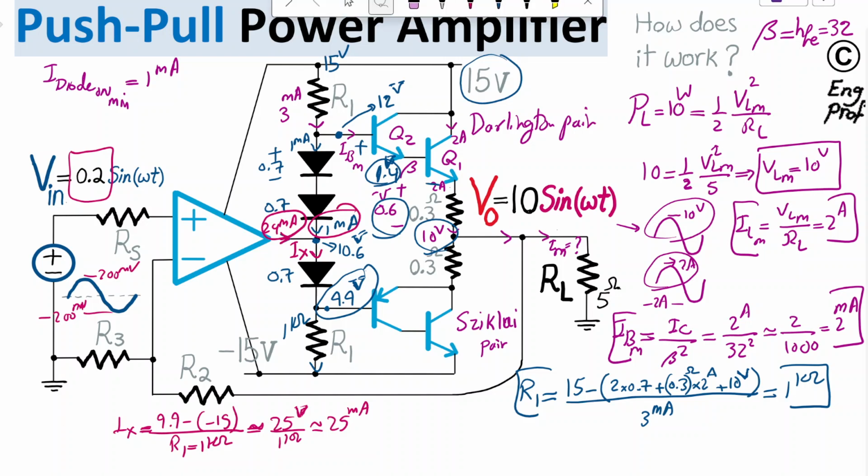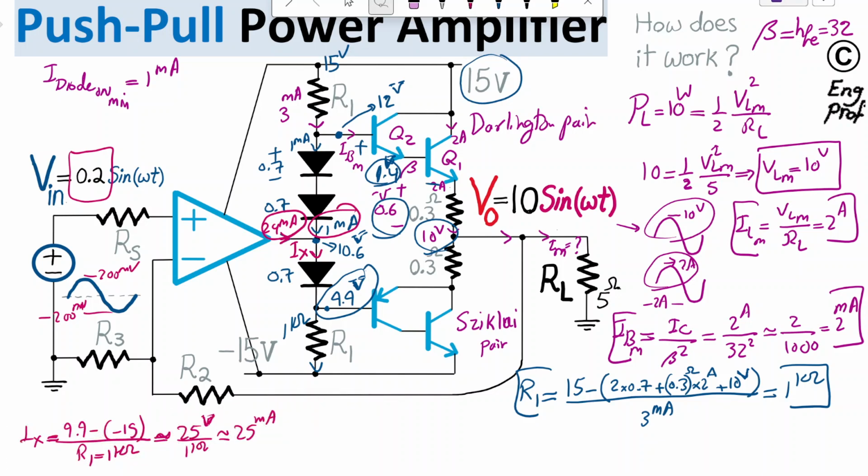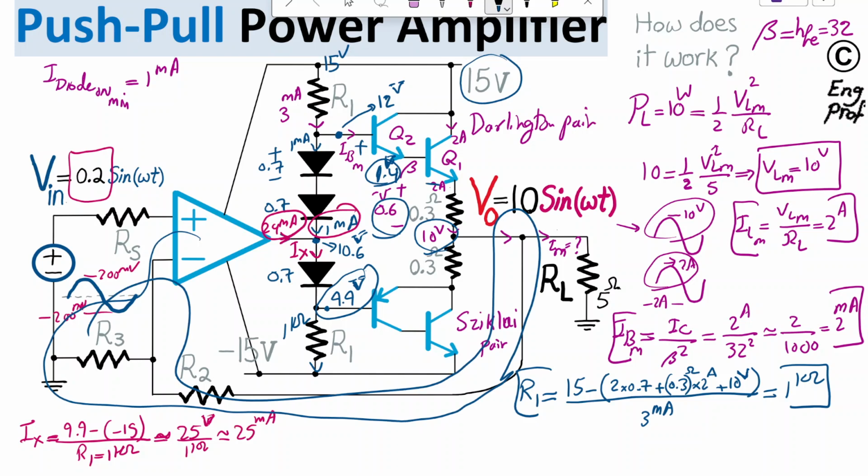So let me shift this to here, and okay, here is the gain. The op-amp is obviously a non-inverting amplifier because V in is connected to the positive terminal, and then there is this simple voltage division from the output via R2 and R3.